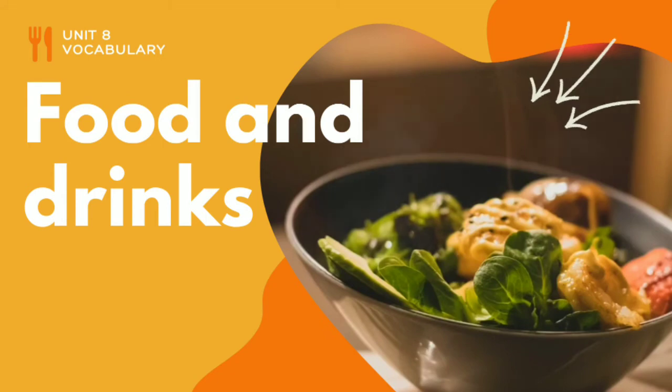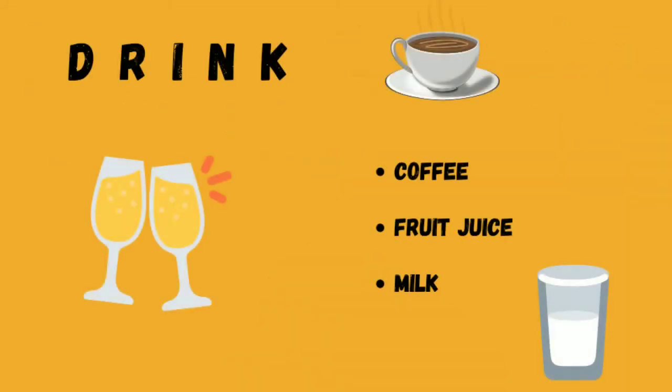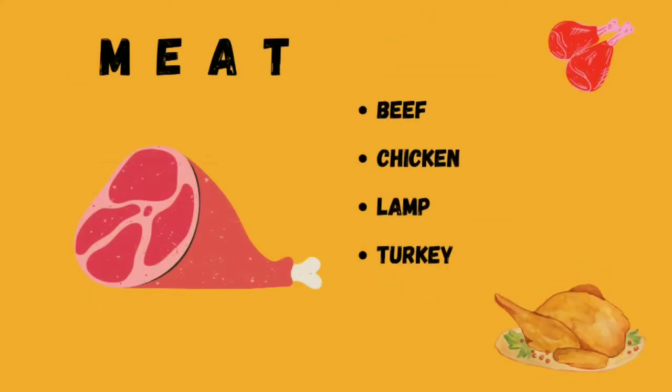The food is classified into different types: drink, meat, vegetable, fruit, fish, and seafood. Drink: coffee, fruit juice, and milk. Meat: beef, chicken, lamb, turkey.